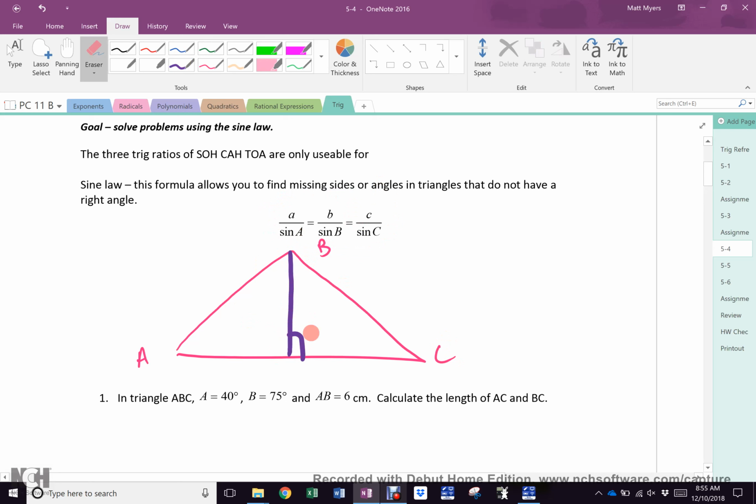In grade 10, if I had given you this triangle and told you to tell me theta, and you knew this side was 8 and this side was 12, it would be really hard to do, yes? Because there's no 90 degrees. But if I put this line here, I make a 90 degree, don't I? And now I could do trig to work this triangle out.